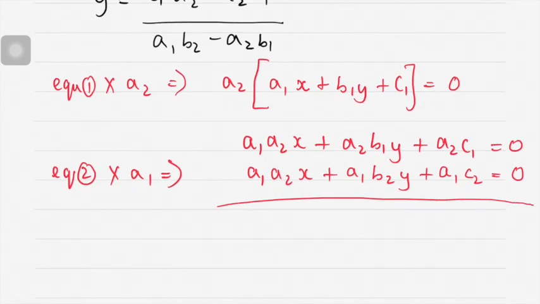Now subtract equation 2 from equation 1. When you subtract, all the signs will change, correct? This will become minus, this will also become minus, this will also become minus.